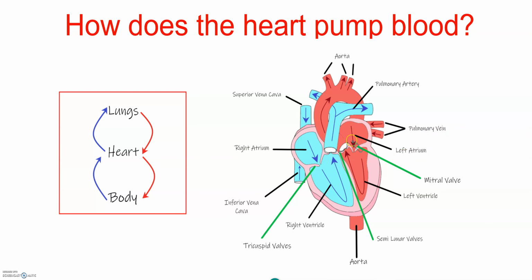This blood will then pass into the left ventricle through the mitral valve. Now, once the left ventricle is full, the mitral valve will shut, and this prevents blood flowing from the left ventricle backwards into the left atrium. Then, blood will travel through the semilunar valves and out the aorta, where the oxygenated blood will head towards the different organs of the body to drop off oxygen at the different body cells.